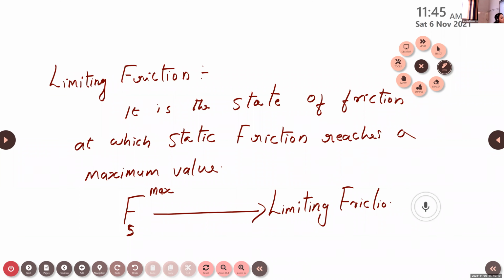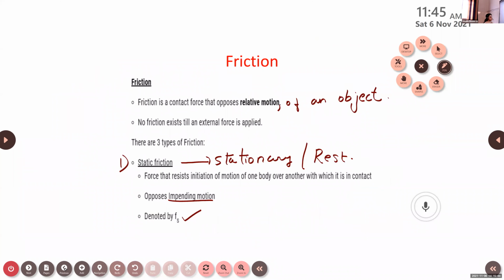And at limiting friction, our object, which is initially in a state of rest, shows a tendency to move. So this is about the static friction and some terms associated with the static friction.